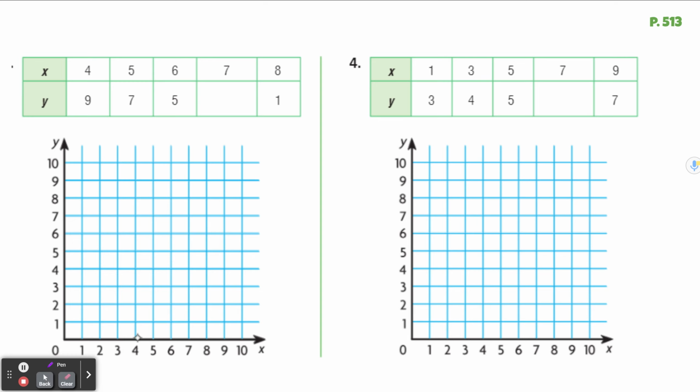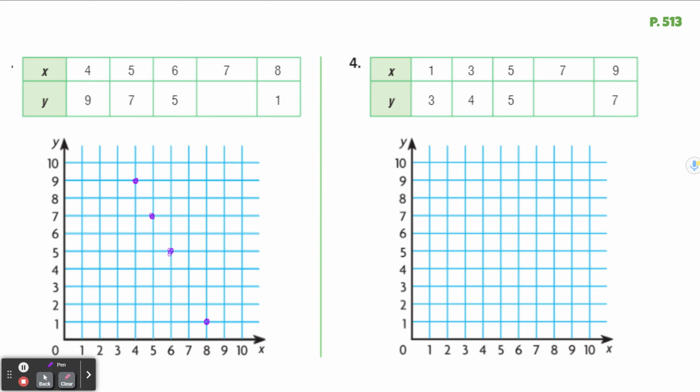Let's graph these babies. 4, 9. And then 5, to 7, 6 to 5. We don't know 7, so we're going to do 8 to 1.